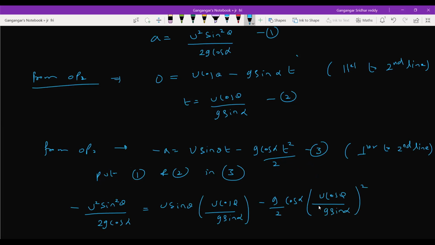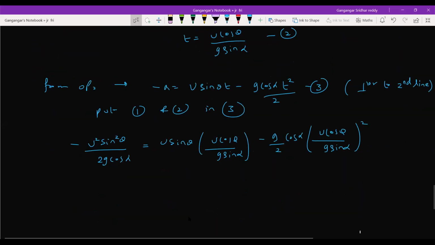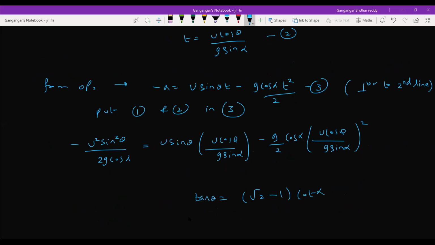So U square gets eliminated, g gets eliminated, then left over will be only theta and alpha. So we'll end up with tan theta equal to root 2 minus 1 cot alpha. Okay, it's all about applying that basic formula clearly. Is it okay?